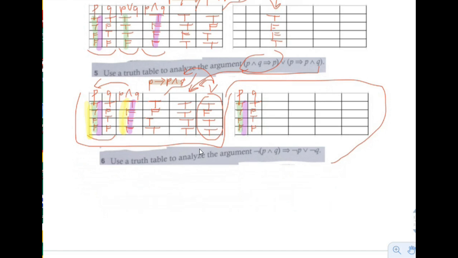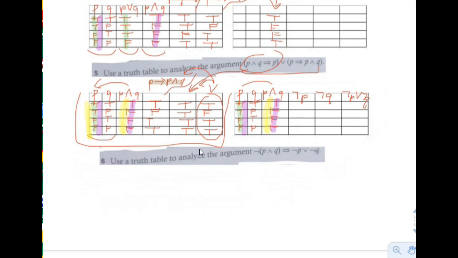And then we're going to need P and Q. So P and Q would be P and Q. And then we're going to see if that implies not P or not Q. So we're going to need a not P column, a not Q column, and a not P or not Q column. Okay, and then we'll see if it implies it.